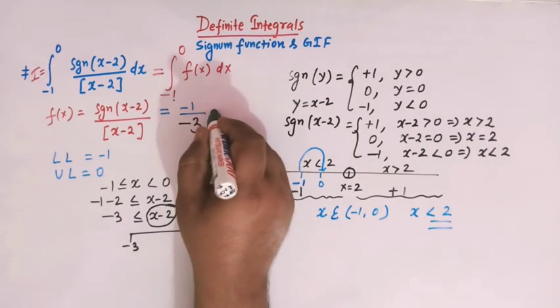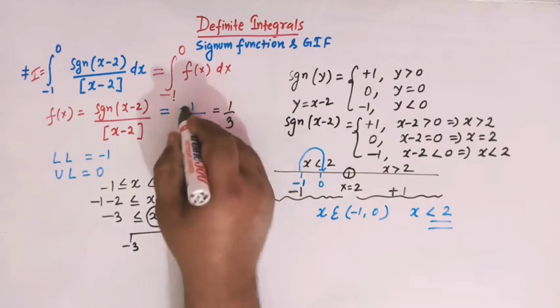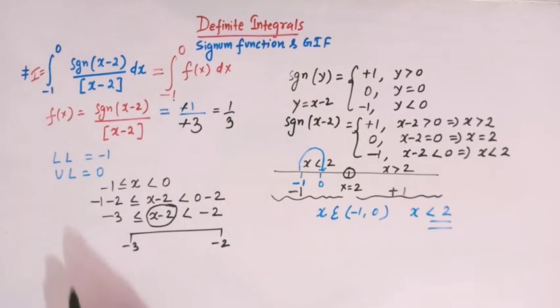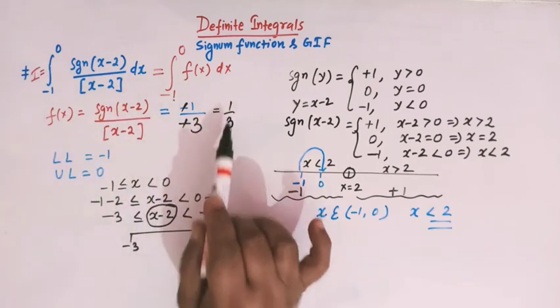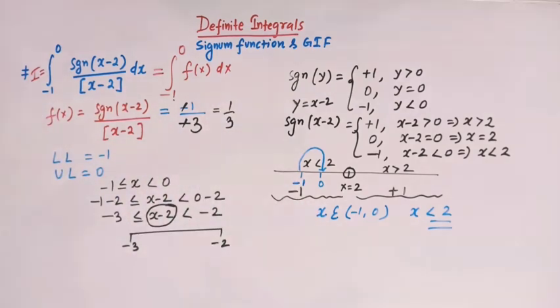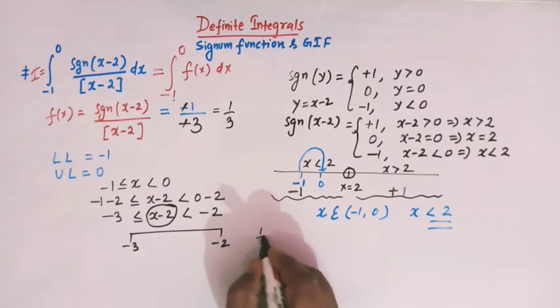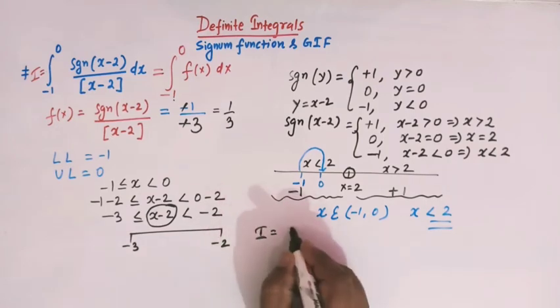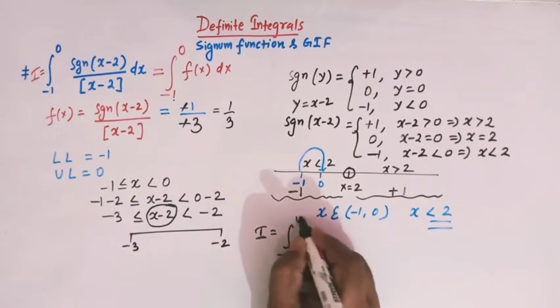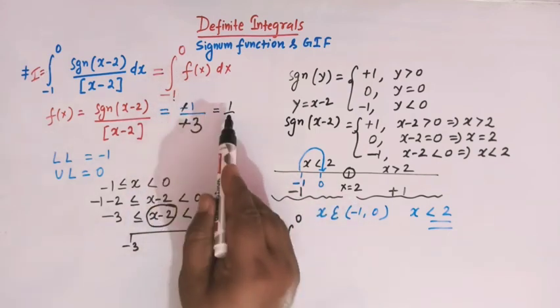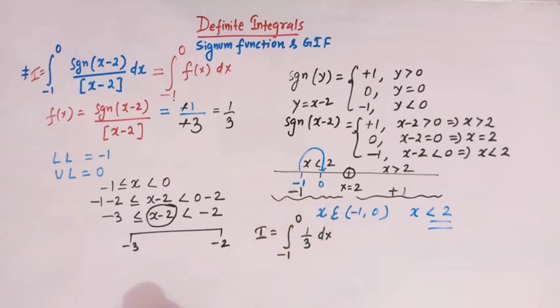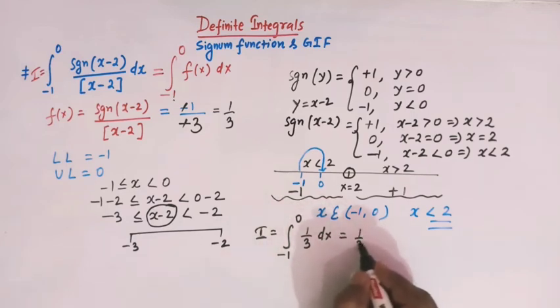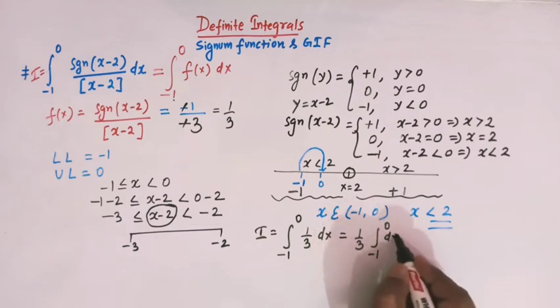So we have minus 1 over minus 3, the minus signs cancel, and our function f of x is equal to 1 over 3. Now we can write our integral I as the integral from minus 1 to 0 of 1 over 3 dx. We can take 1 over 3 outside, so we have the integral from minus 1 to 0 of dx.